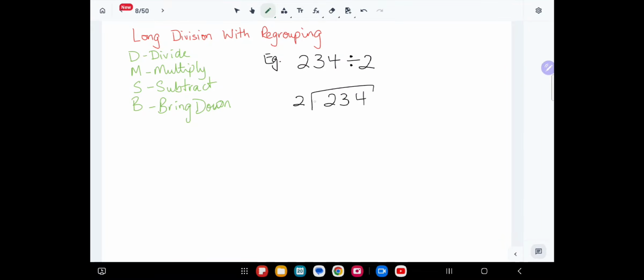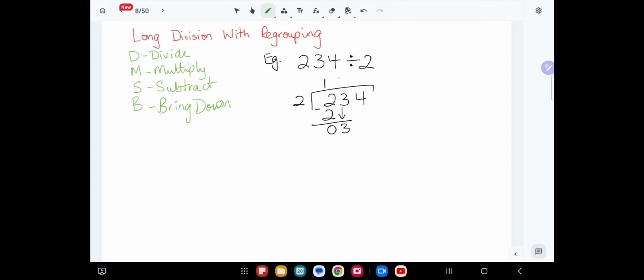So we say now the first step is to divide. So 2 could go into 2 one time. Next step is to multiply. 1 multiplied by 2 is 2. Next step is to subtract. 2 take away 2 is 0. Bring down our next digit, which is 3.